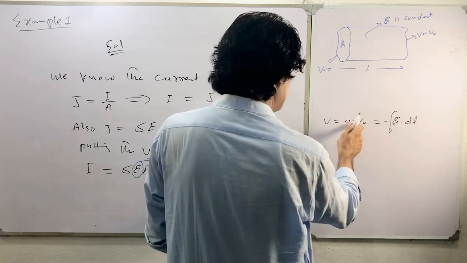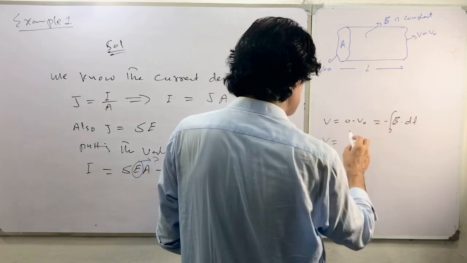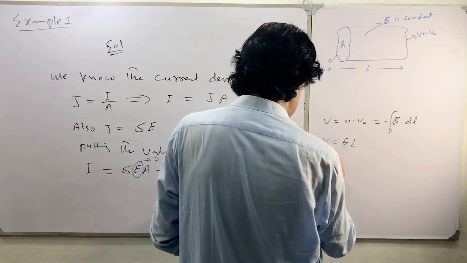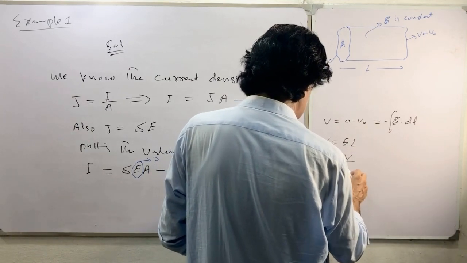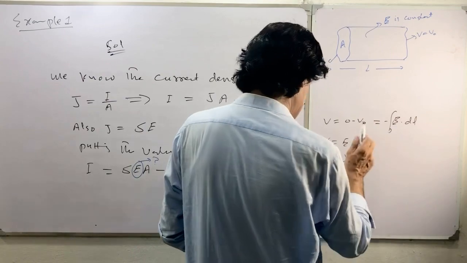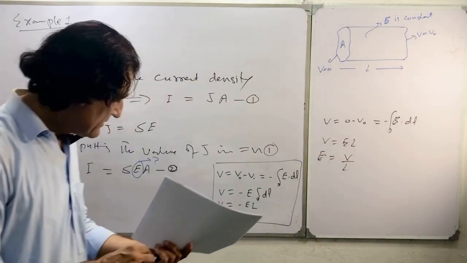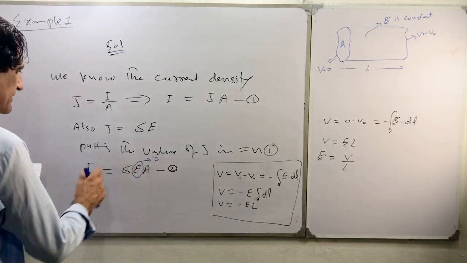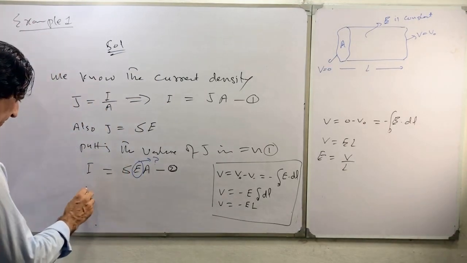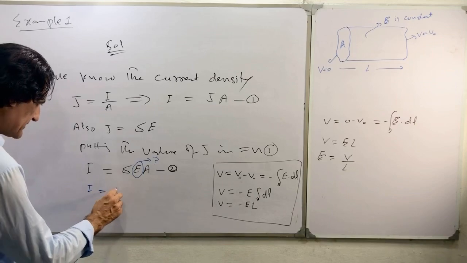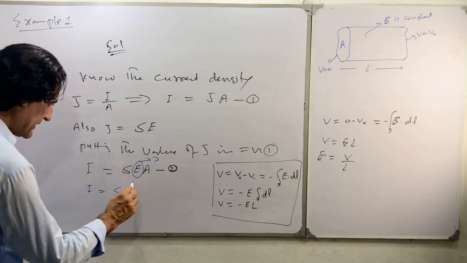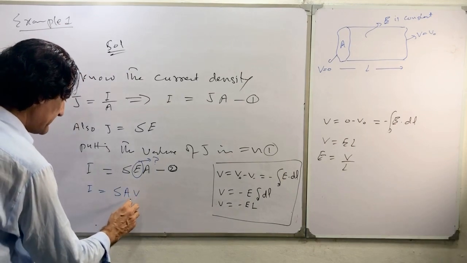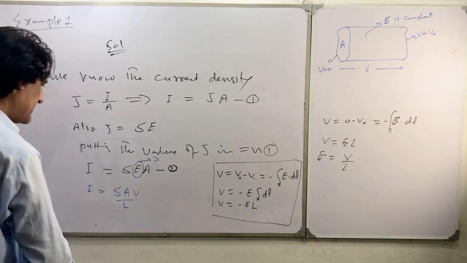So minus minus cancel and we get E L, and E can be derived as V per unit length. So actually this E is equal to V divided by L, and I is equal to sigma A V divided by L.